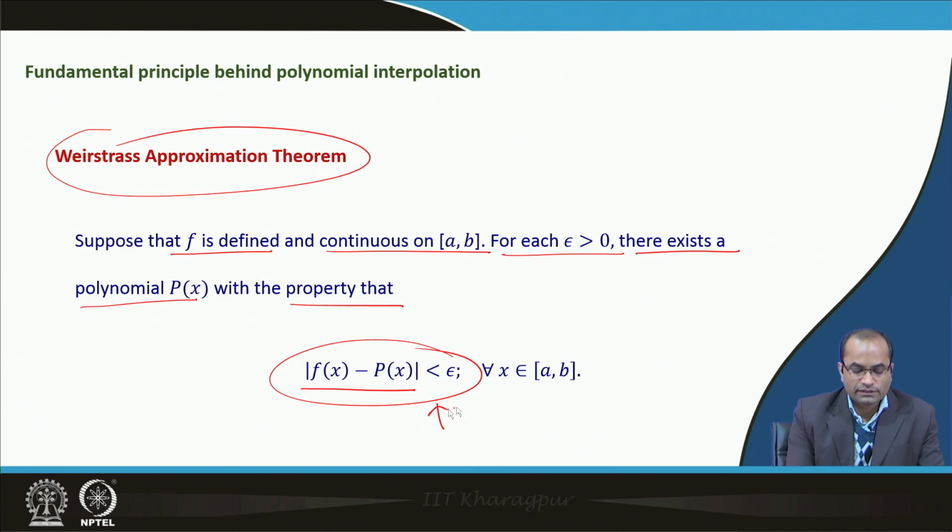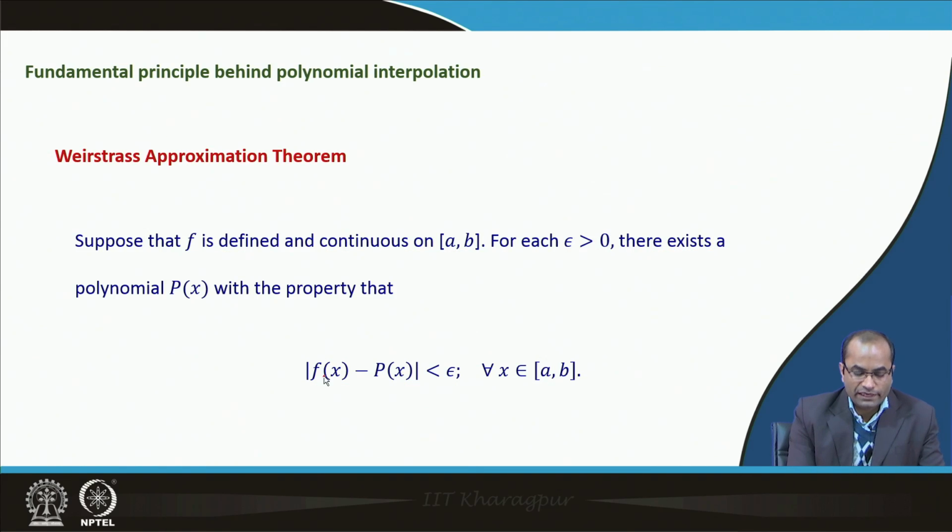So, this relation tells us that given f(x), a continuous function on [a, b], we can have a polynomial which will approximate this function with as good accuracy as we want, because epsilon we can fix and it can be very small, and then we can find a polynomial p(x) corresponding to this given continuous function f(x).